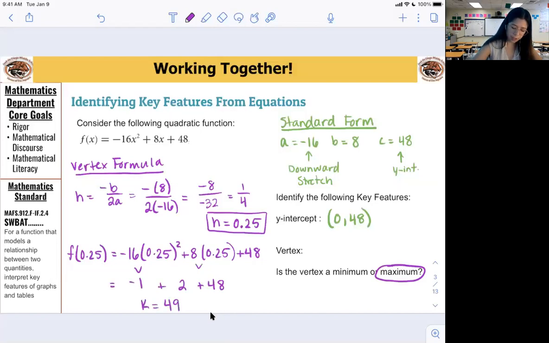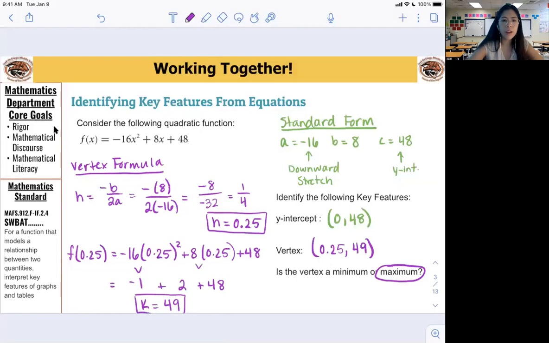So k equals 49. So the vertex is where? What order does this go in for the vertex? (0.25, 49). Good.